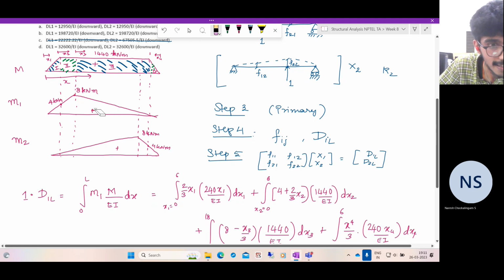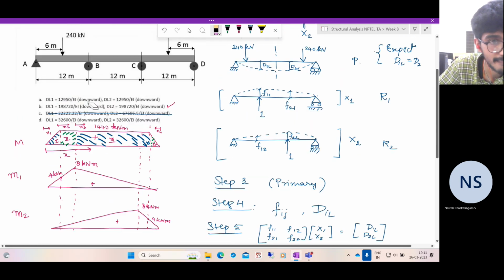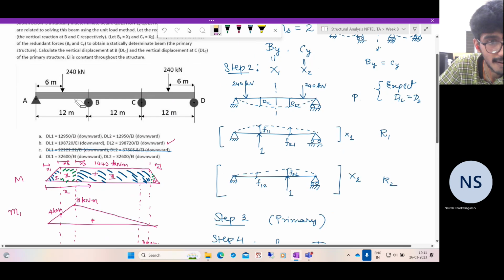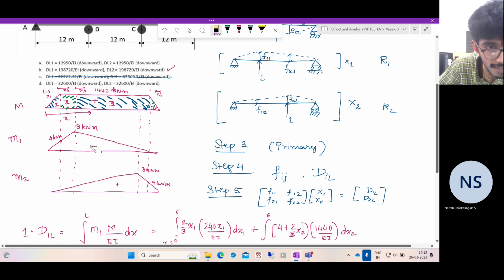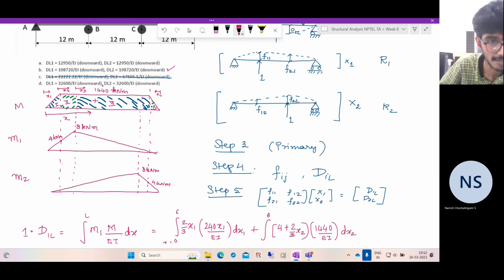There's a small correction here. If you apply a vertical force, the reaction will be downwards, and these are actually in the other direction. It doesn't affect our answers, but just to be correct, these are actually negative. Just make this small correction.